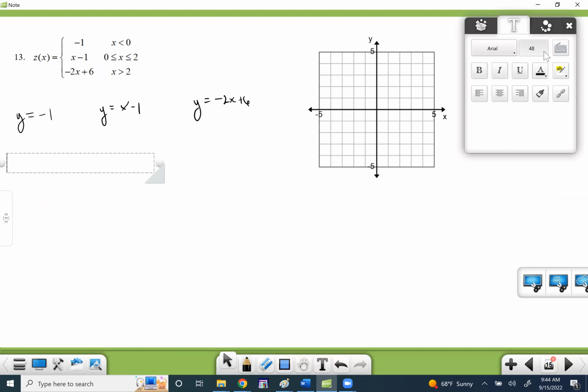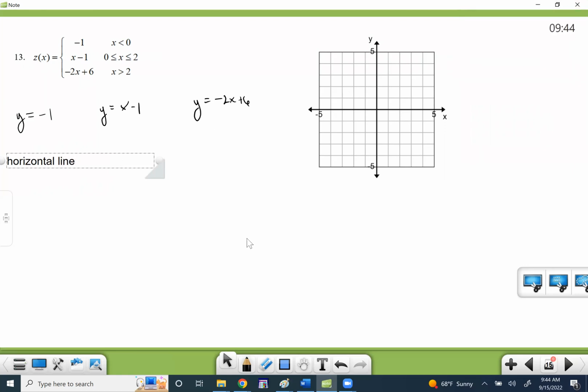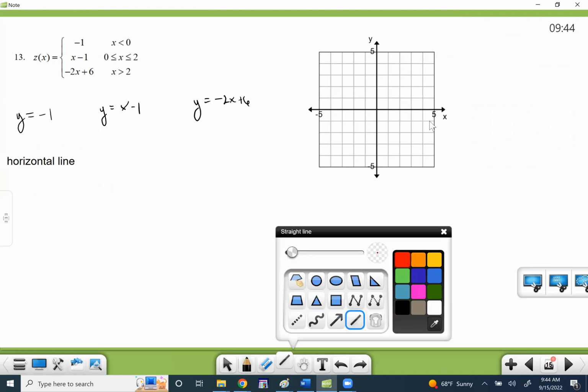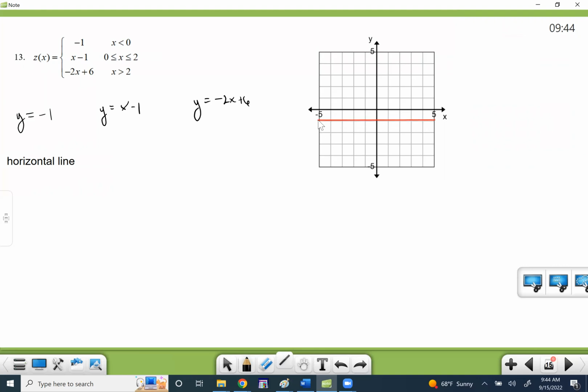So we're going to just graph a nice, easy horizontal line. Now, that horizontal line is going to go through -1. So normally it would be like this. Let me make it red. Okay, normally it'd be like that.